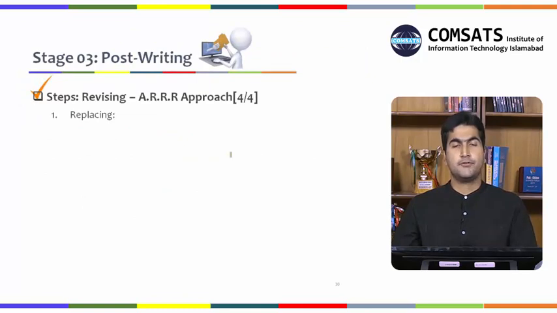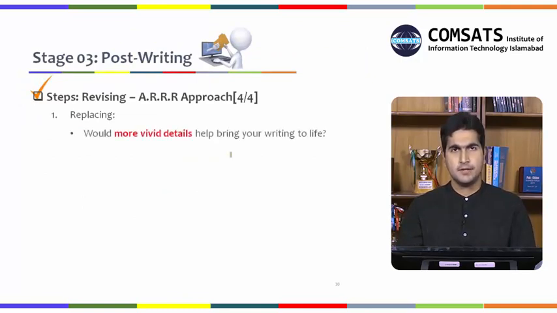And finally, looking at replacement: if you can find anything more relevant, more logical, which will create coherence with the rest of the content, and you feel this replacement is needed, for example, ask yourself, would more vivid details help bring your writing to life?